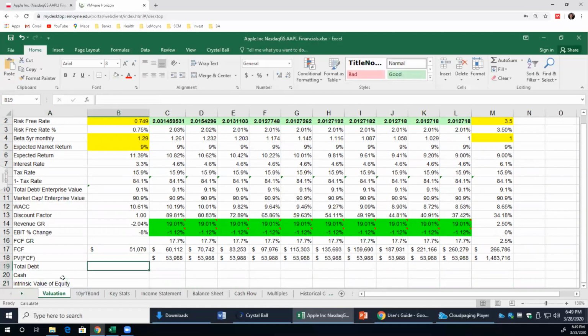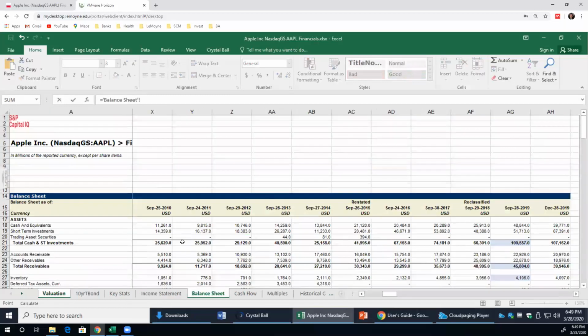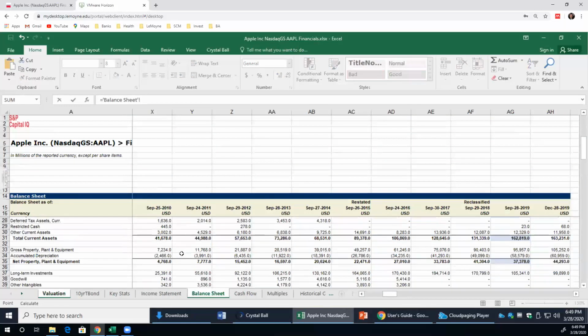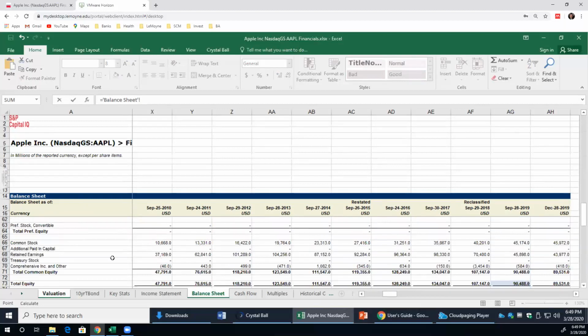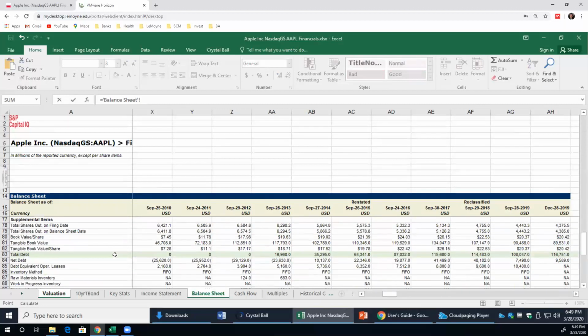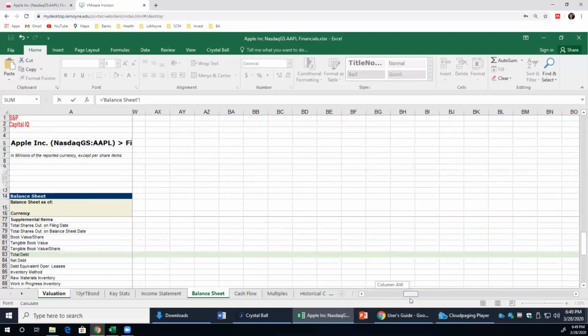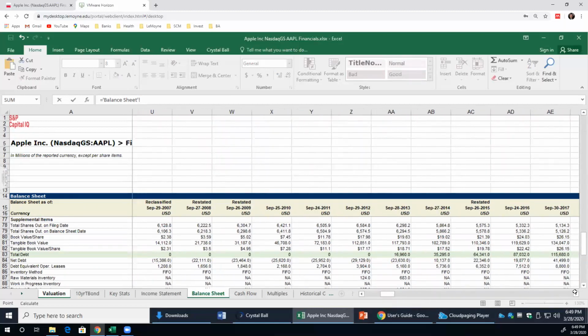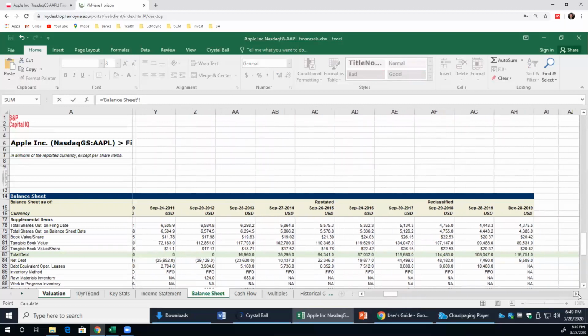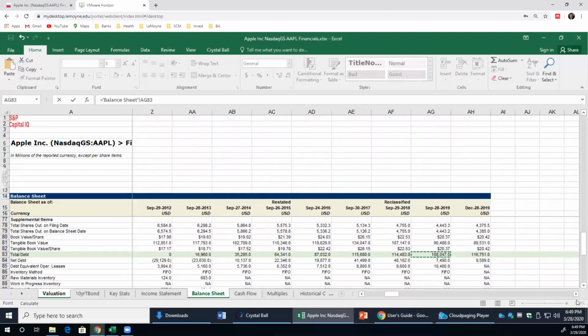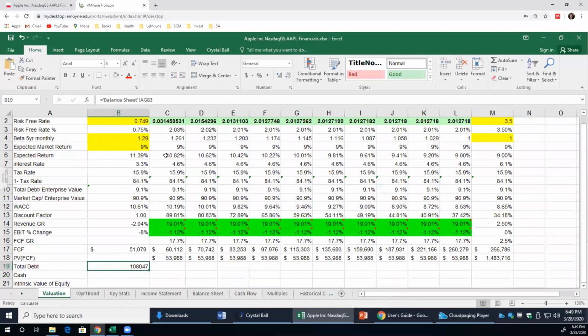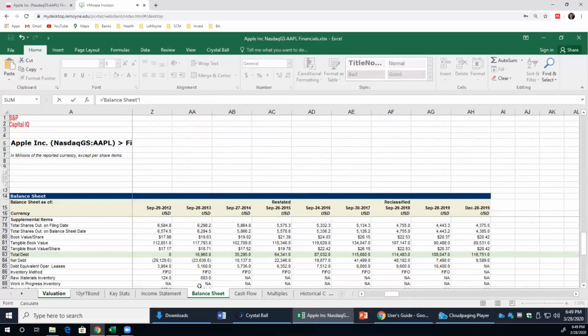All right, so the total debt is given in the balance sheet in Capital IQ. You scroll down, you will see total debt, most recent year. Right here, $108 billion. All right, now I need to also look at the cash that they have in the balance sheet.